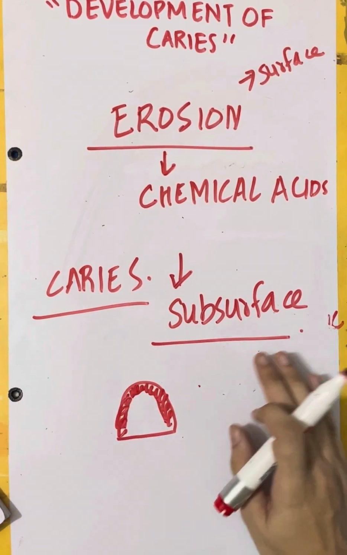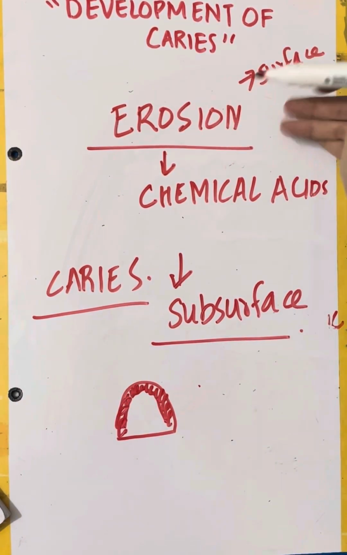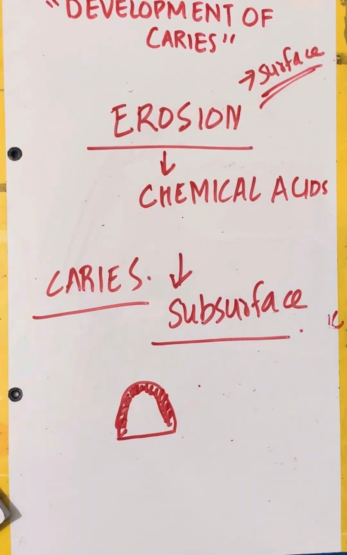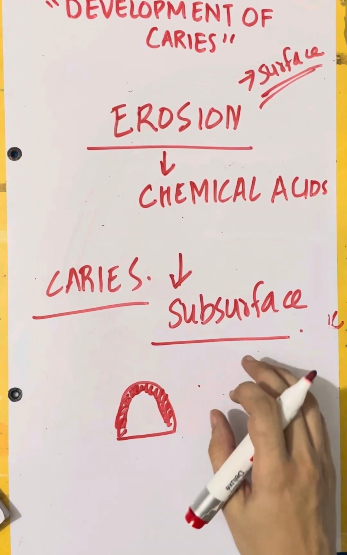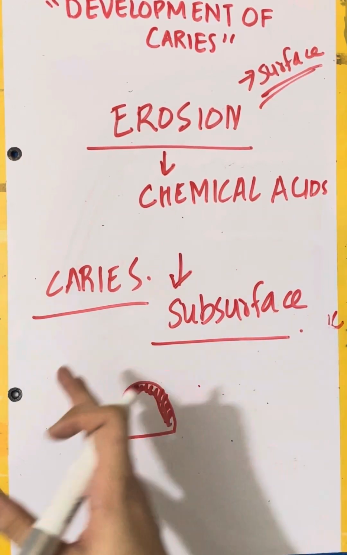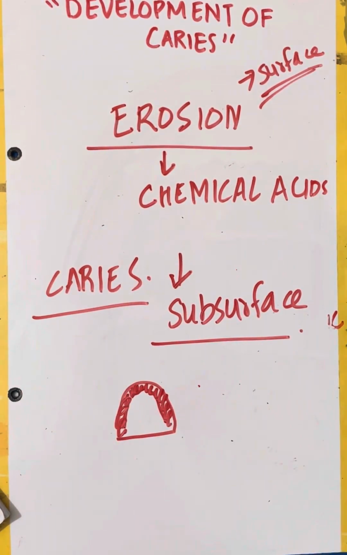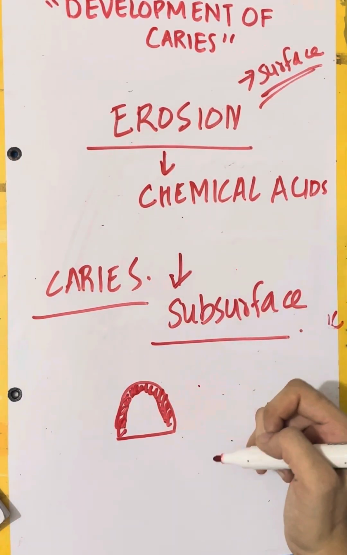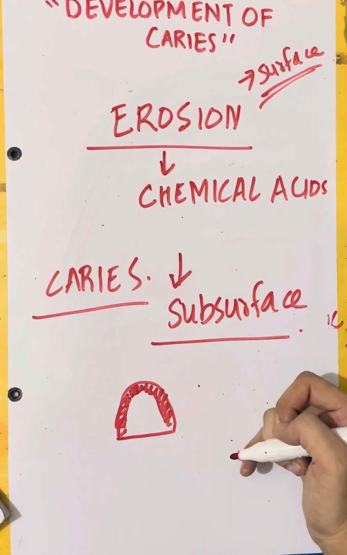So caries is a subsurface phenomenon, as erosion is a surface phenomenon. Erosion is visible to the naked eye, but a subsurface phenomenon is not visible unless it occurs very grossly. So this is the difference between erosion and caries.